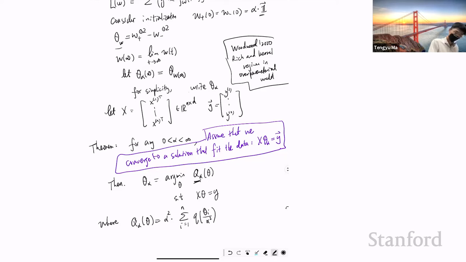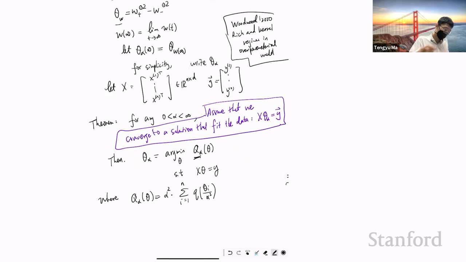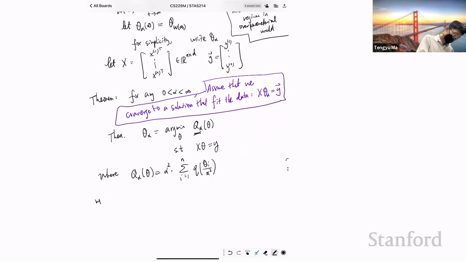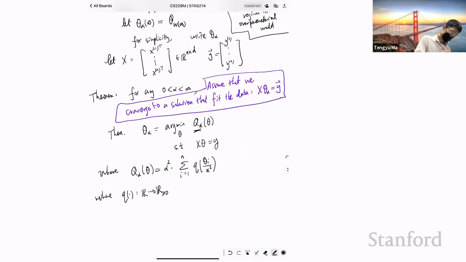And what is this little q? This little q is a one-dimensional function that maps R to R, actually R to R non-negative, I think. And q(z) is equal to something that I don't expect you to interpret, but we're going to look at special cases which we can interpret.